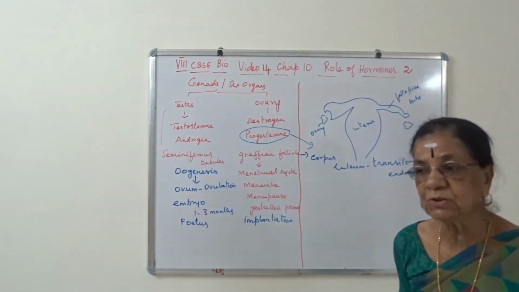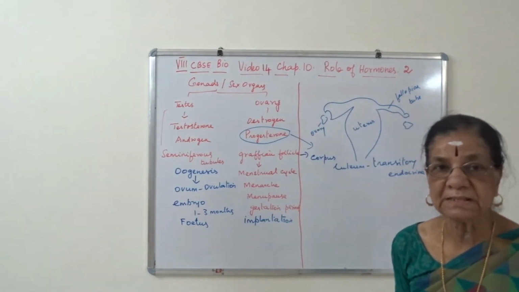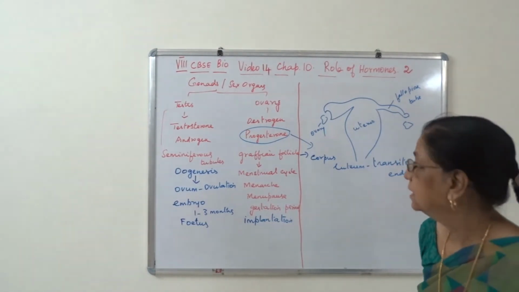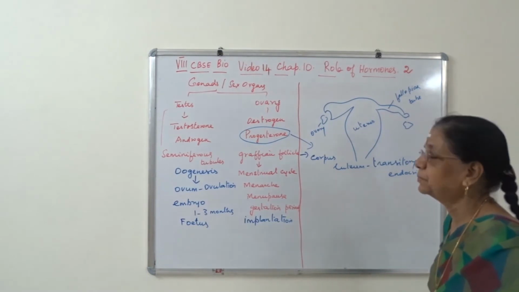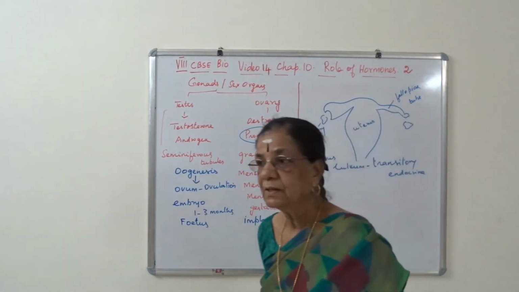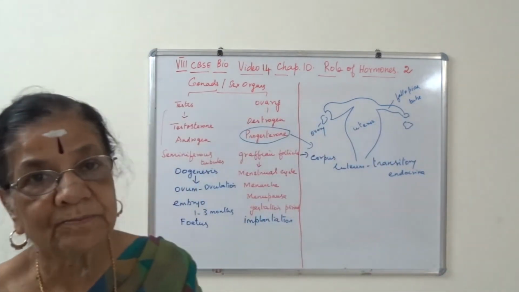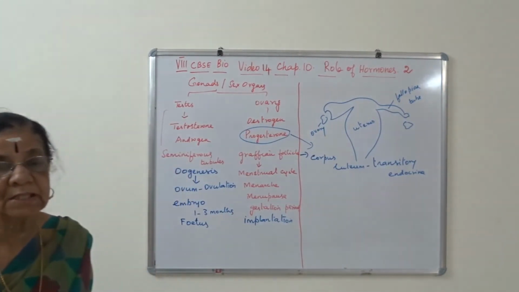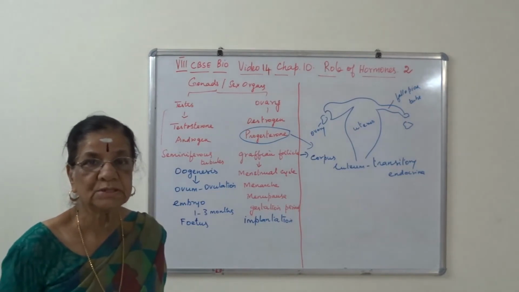So in female reproductive system, we come across the term ovary secreting the hormones estrogen and progesterone.